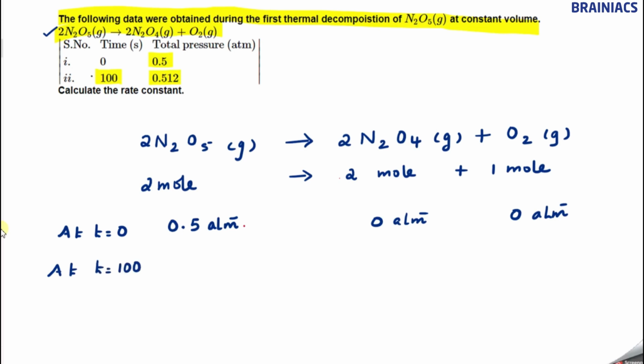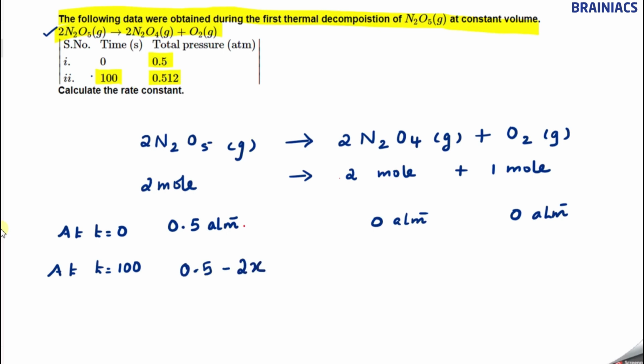Okay, so in 100 seconds what happened? As per the stoichiometry, we know that 2 moles of this will give you 2 moles of N2O4 and 1 mole of O2. So we say that 0.5 was the pressure, minus 2x. Why am I taking 2x?